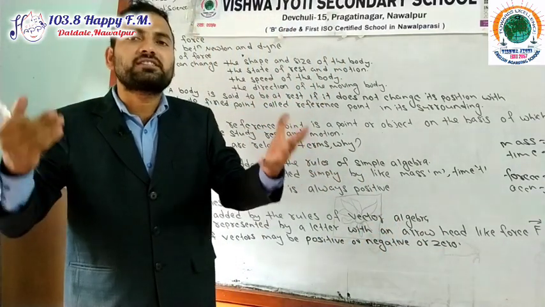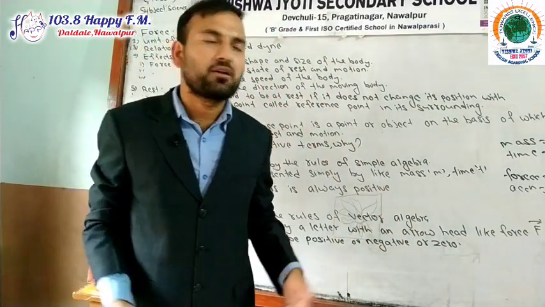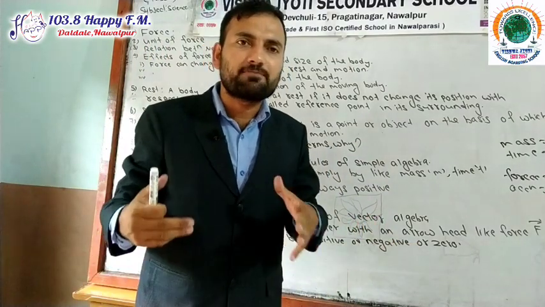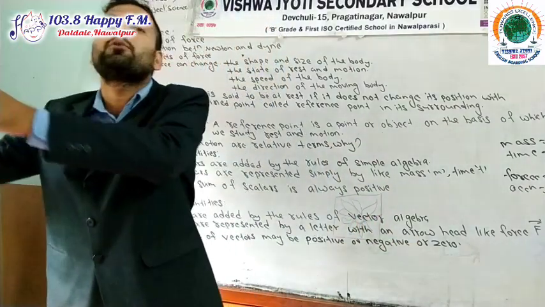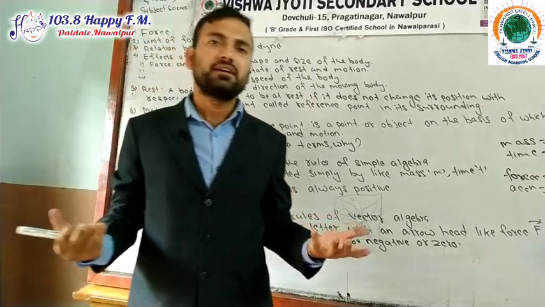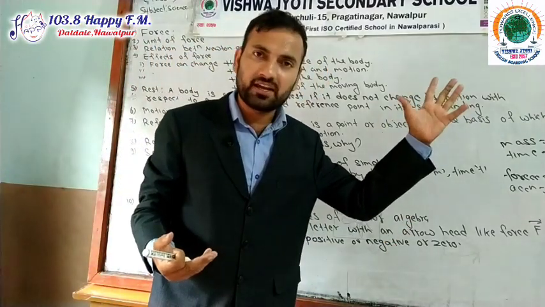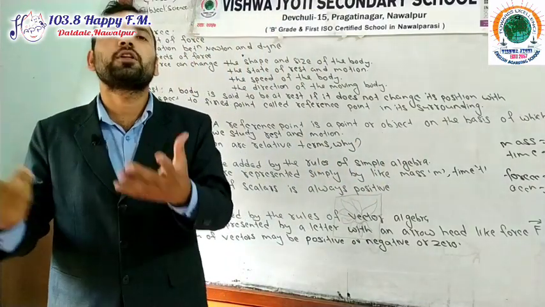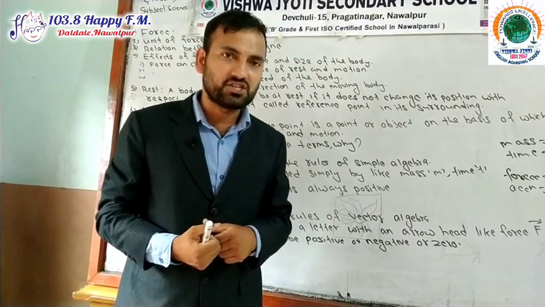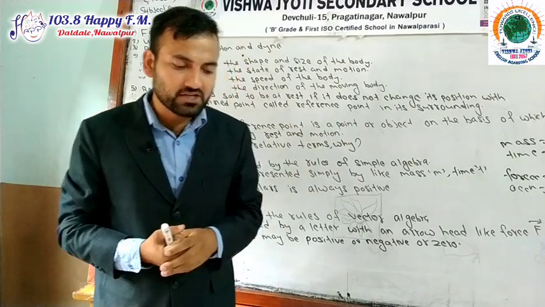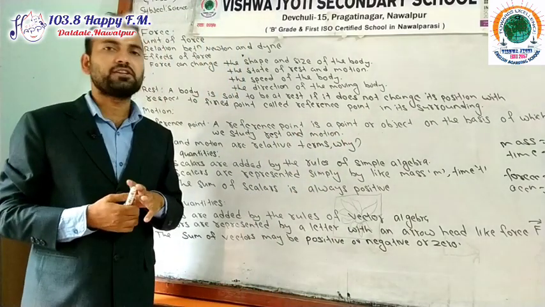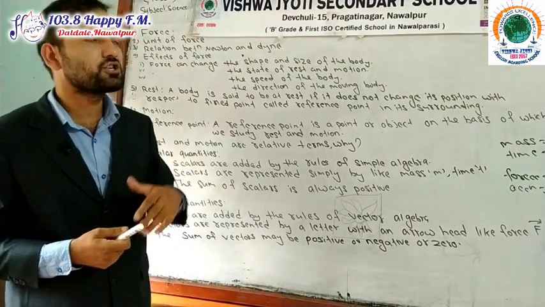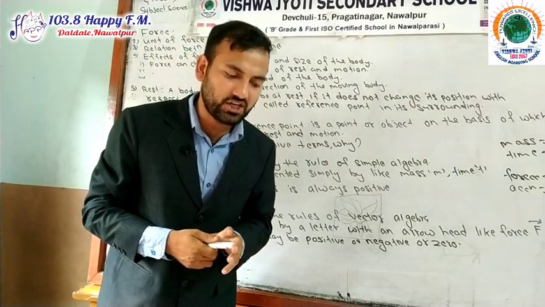Speed equals distance covered upon time taken. What is velocity? The displacement covered by a body per unit time is known as velocity. Its SI unit is meter per second. It is called a vector quantity.